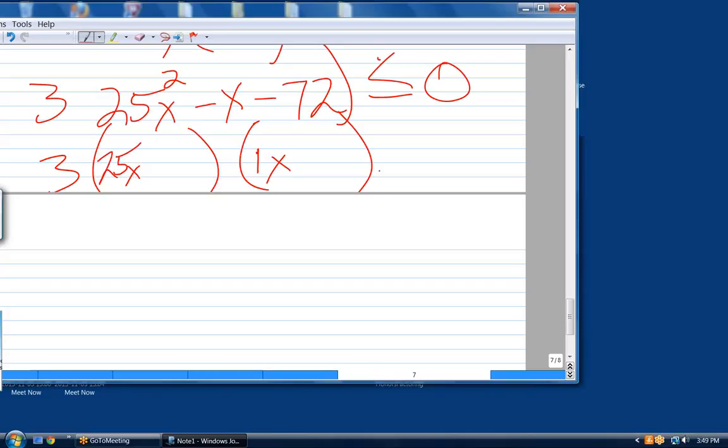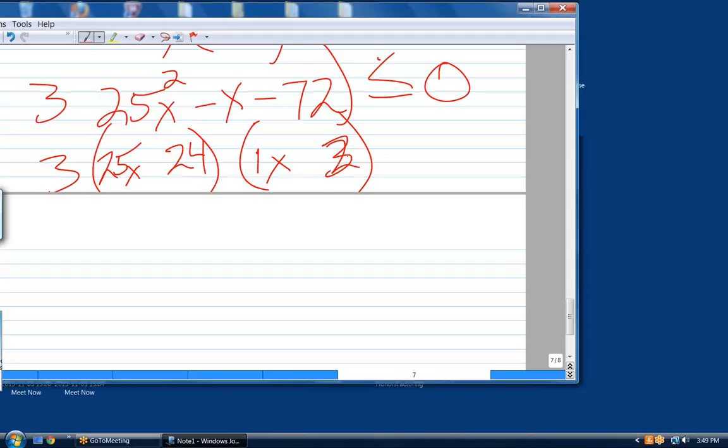Now 8 and 9 certainly isn't going to work, but 2 and 36, that produces 14. How about 3 and, oh, 3 goes into that 24. 7, that's not going to work.